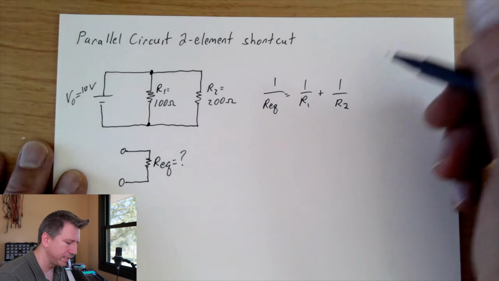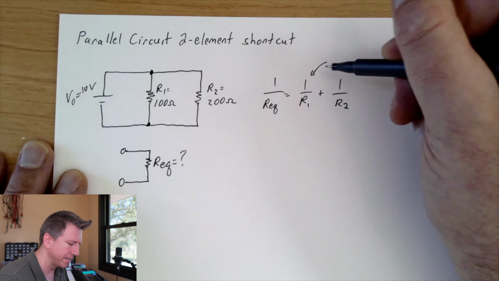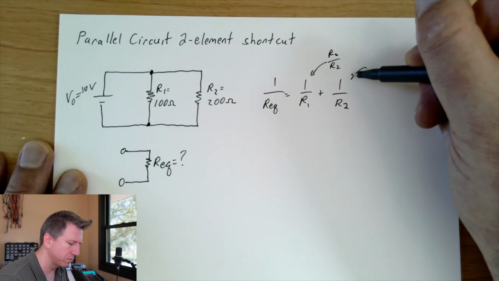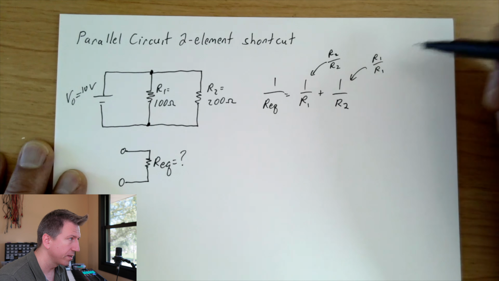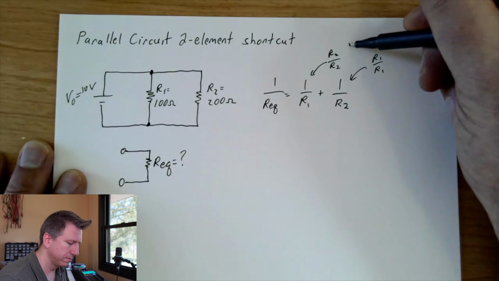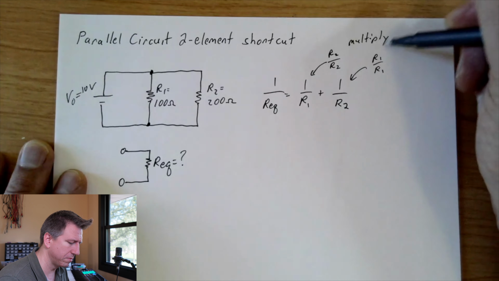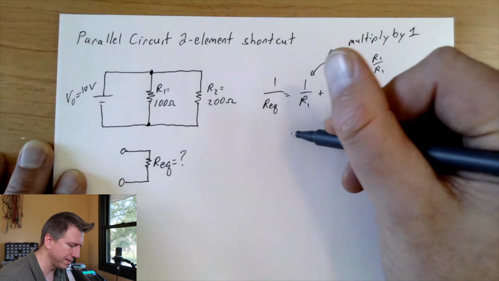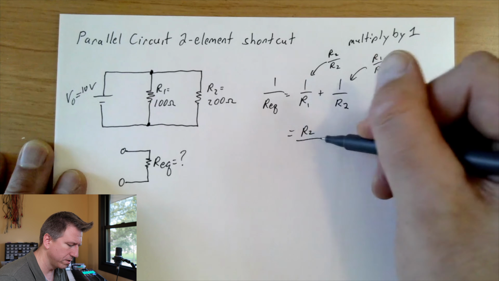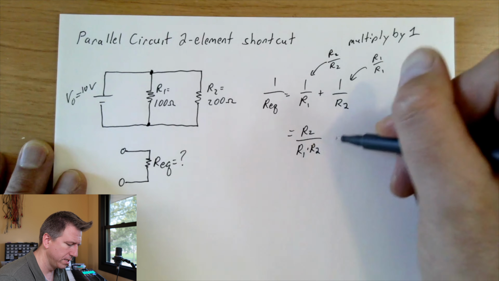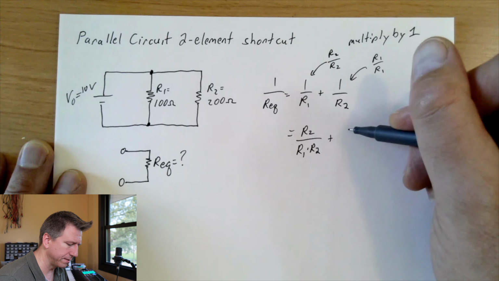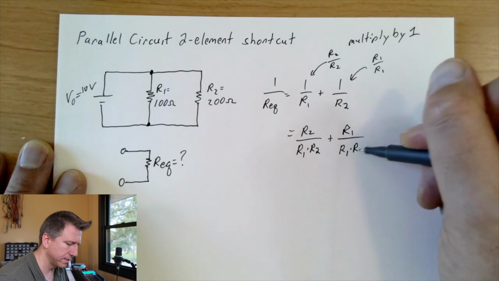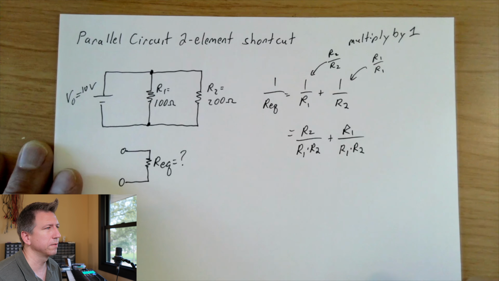So if I multiply each of these by 1 to get a common denominator, I'm going to multiply this one by R2 over R2, and I'm going to multiply this one by R1 over R1. And when I do that, when I multiply by 1, I get on one side R2 over R1 times R2, and on the other side R1 over R1 times R2.